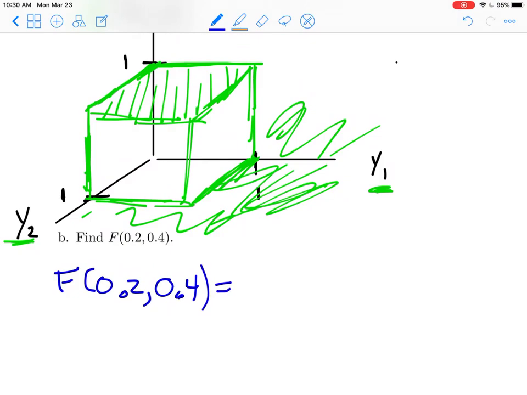So we have an integral from negative infinity to 0.2 and an integral from negative infinity to 0.4 of f of y1, y2, dy2, dy1.